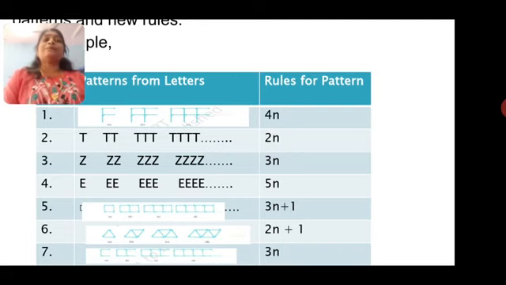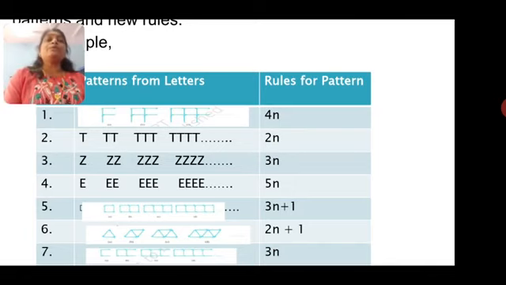Next example, if we take a square, to form the square, the number of matchsticks used is 4. If we want 2 squares, we put a square next to the first square such that one side of both squares is common. Therefore, we use 3 matchsticks more.